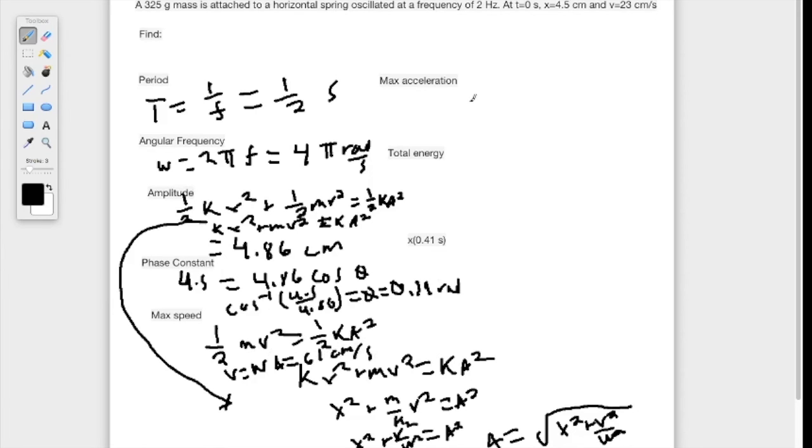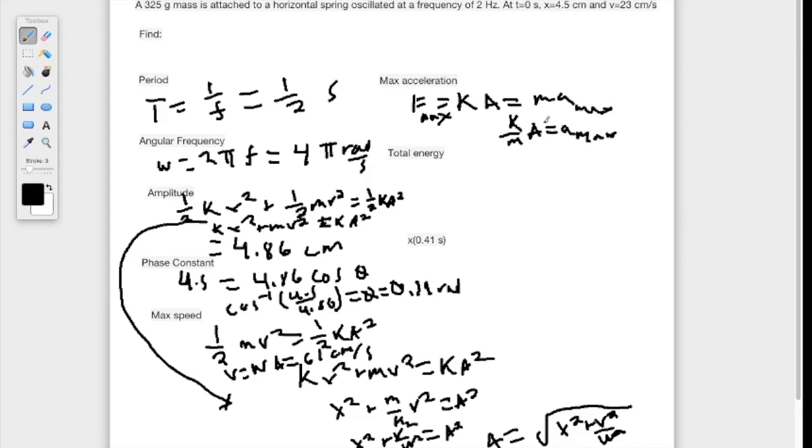All right, and then the max acceleration. So we know that k times a is the max force. Force and acceleration are directly related. So when the force is at its maximum, the acceleration is also at its maximum. So we get k over m times the amplitude equals a max.